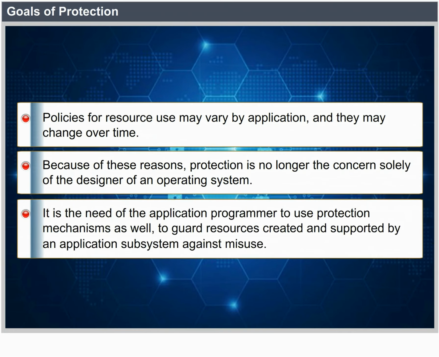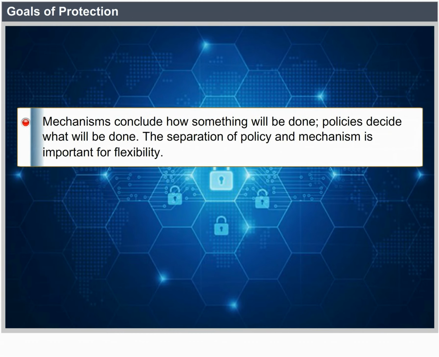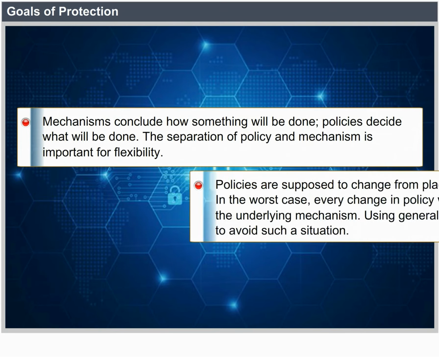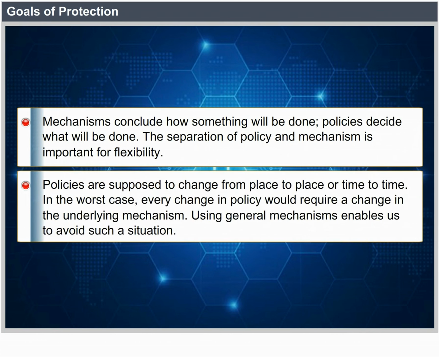Mechanisms determine how something will be done. Policies decide what will be done. The separation of policy and mechanism is important for flexibility. Policies are likely to change from place to place or time to time. In the worst case, every change in policy would require a change in the underlying mechanism. Using general mechanisms enables us to avoid such a situation.